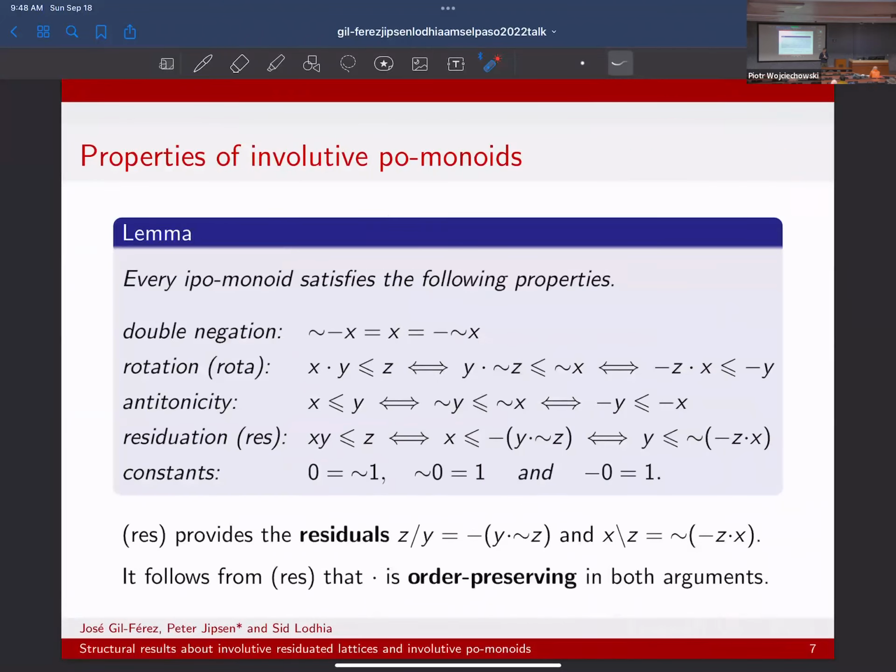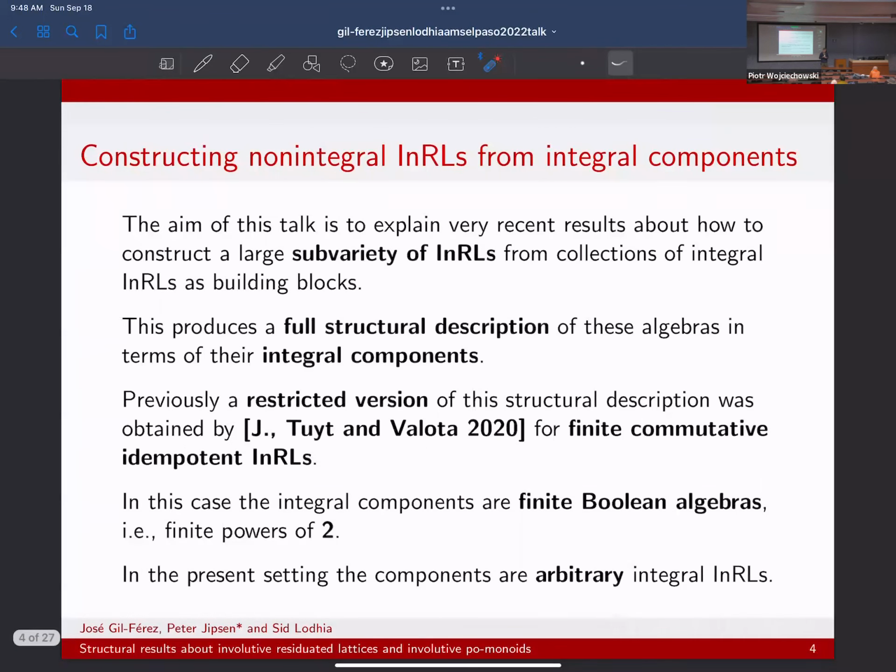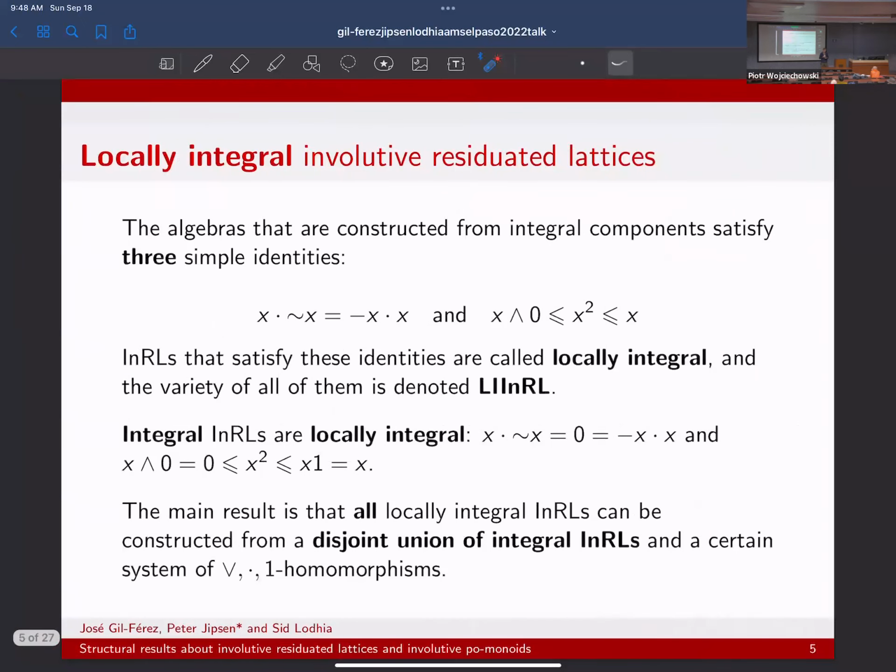So here we have, first of all, an observation. This was the last slide that I went over. Here's the next slide. We have this concept of locally integral involutive residuated lattices. These are algebras that are constructed from integral components by 3 simple equations.